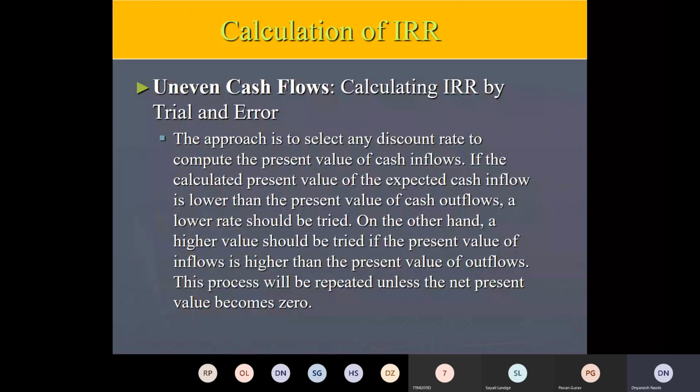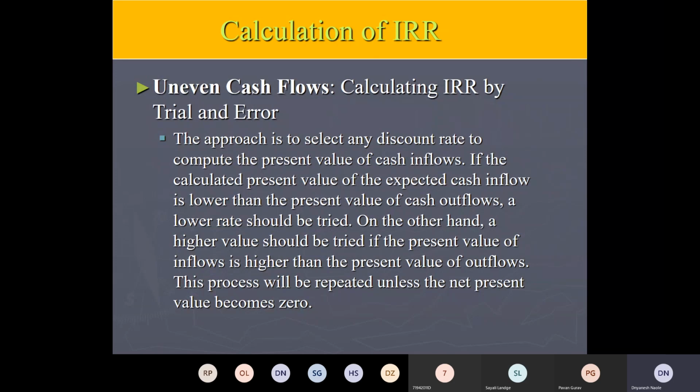If the calculated present value of the expected cash inflow is lower than the present value of the cash outflows, a lower rate should be tried. What we come to know from here is that as we go on increasing the discount rate, the NPV of the project goes on decreasing, and as we go on reducing the discount rate, NPV will increase.